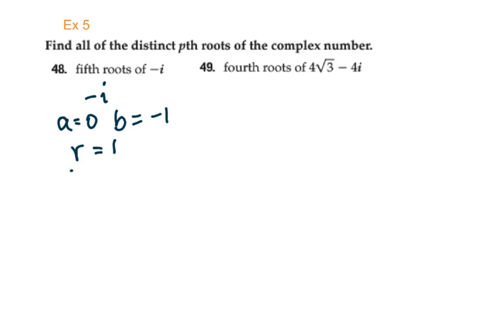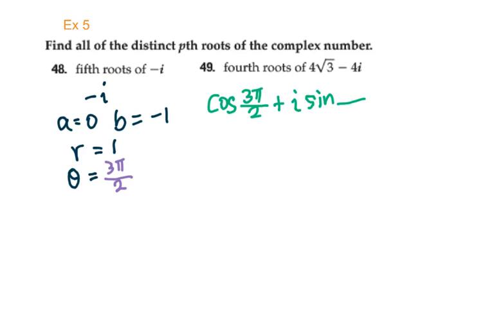And for theta equals 3 pi over 2. Therefore, the polar form for negative i will be cosine 3 pi over 2 plus i sine 3 pi over 2.